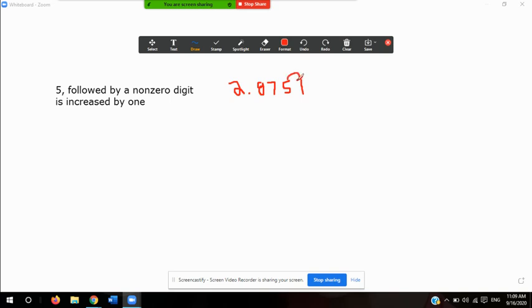What that means, ladies and gentlemen, is that in this case we increase it by 1.